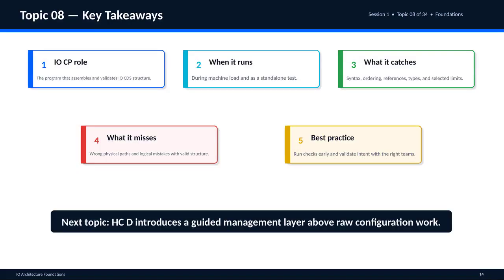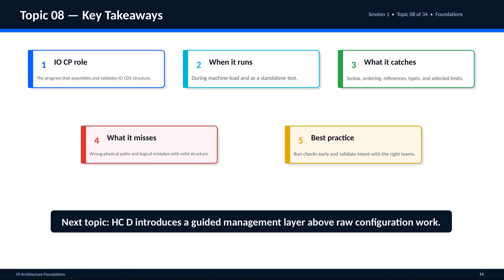The main lesson is simple. IOCP is the compiler and structural validator for the IOCDS. It is essential because it catches many mistakes before a configuration becomes active. It can catch syntax problems, ordering problems, undefined references, incompatible type chains, and selected limit violations. But it cannot read human intent.